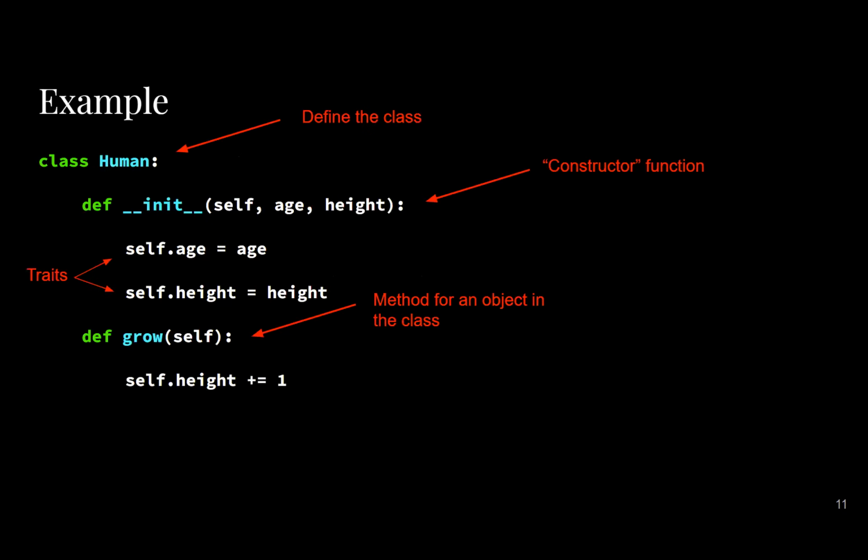Yeah, so I can go back real quick. Notice this function here, grow, it's defined within the class. So any instance of the class that you create, any human object you create, will have a grow method built in. So you can make any other human. We can make Bob the human and call bob.grow.